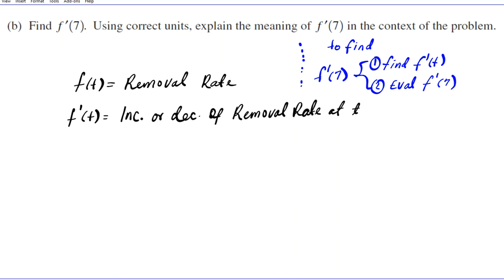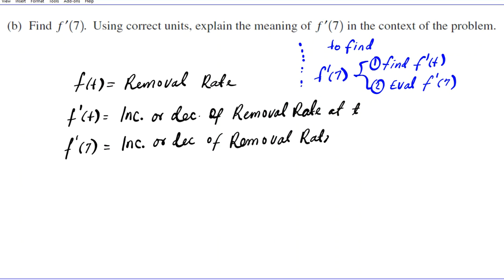But when you're looking at f prime of 7, what this is asking is, is it increasing or decreasing, at what rate, at what particular value? We're talking about the removal rate. Is the removal rate increasing or decreasing at t equals 7, and the value tells you the magnitude of the increment or the decrement.